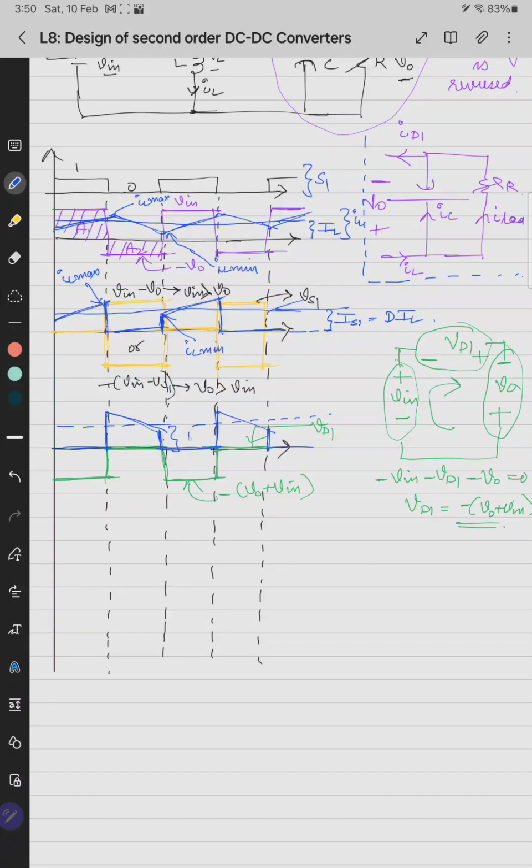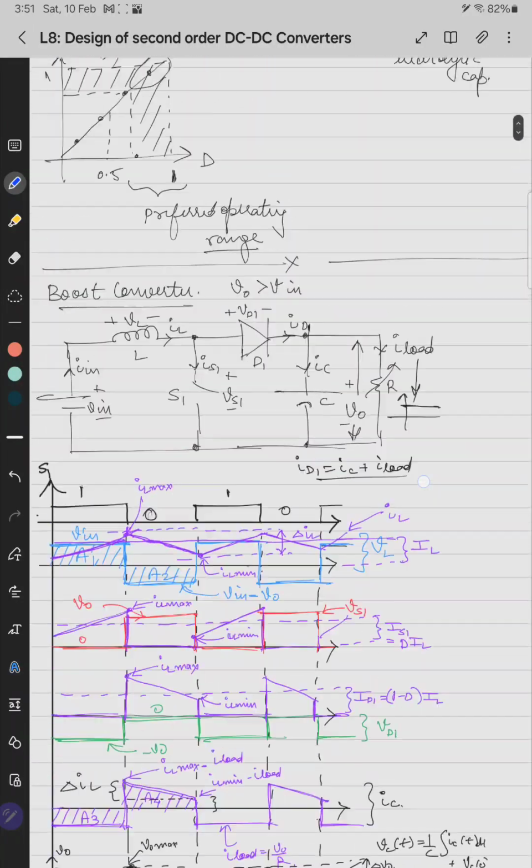So this is capital ID1. Again this is IL max, this point is IL min. So capital ID1 will be 1 minus capital D times capital IL.